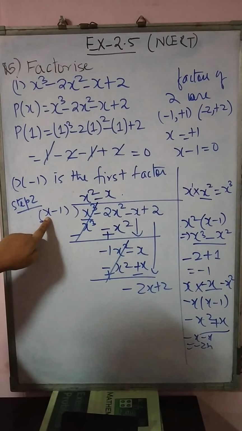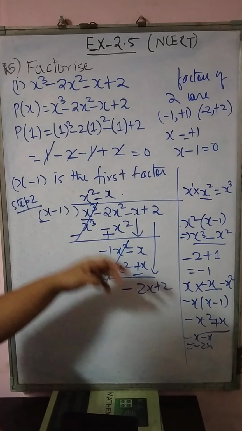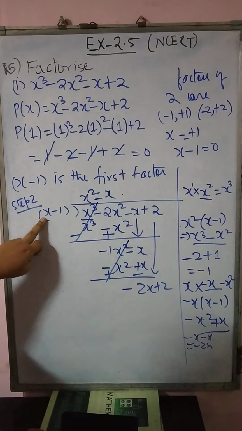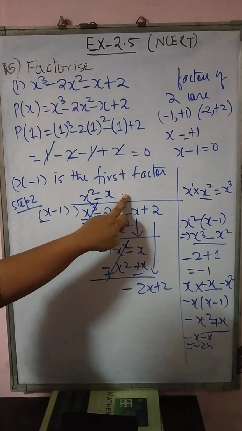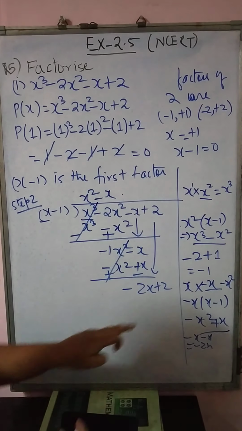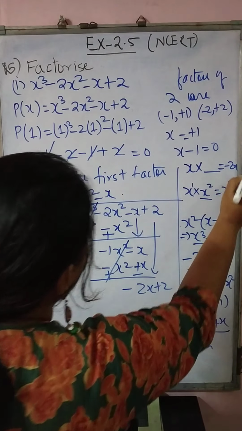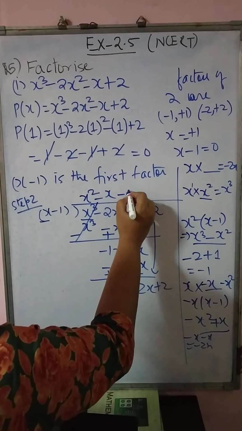Now again, till we get the remainder as 0, we have to keep on performing the division. Now x should be multiplied by which number here so that you get minus 2x? So x should be multiplied by minus 2.